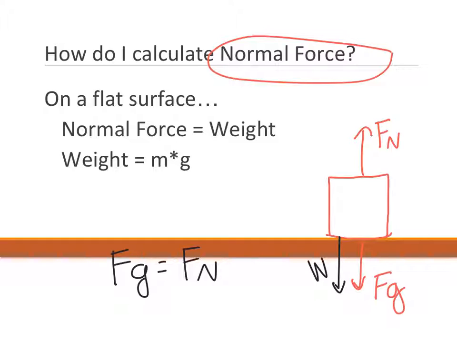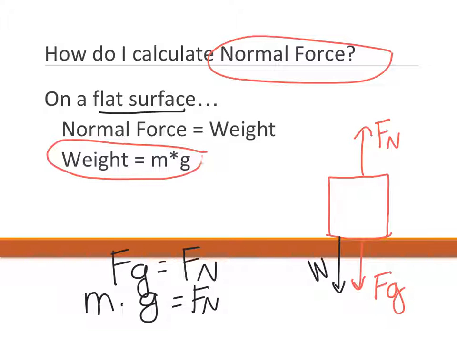How we figure out the weight? That's mass times gravity. So how I find my normal force on a flat surface only is taking my normal force is equal to my weight, which is mass times gravity. That's what we'll be using every time to figure out our normal force on a flat surface.